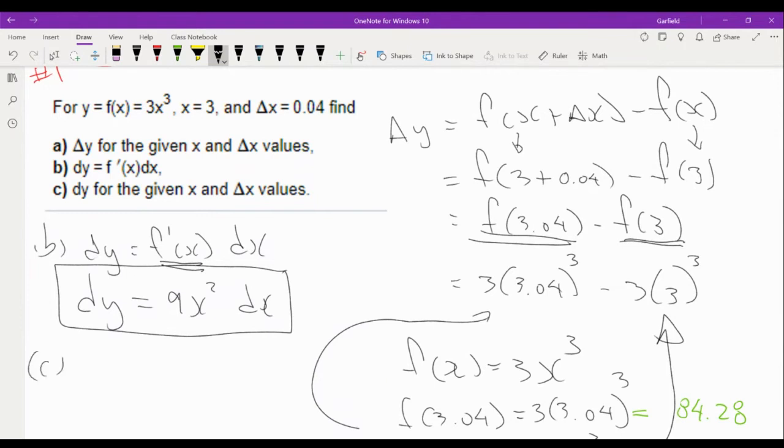Part C says we're going to evaluate part B by plugging in the values for x. So dy is equal to 9 times 3 squared times dx, which is 0.04. Yes, we do, because it's times the dx, Marta.